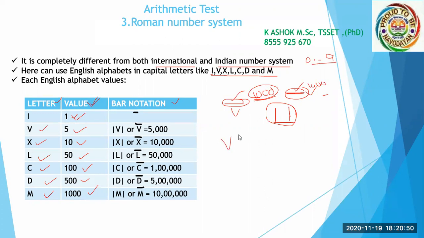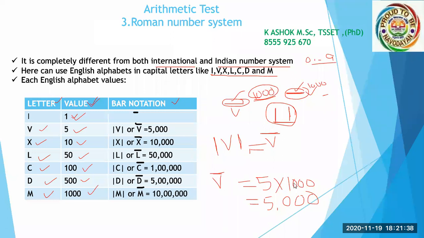You can write V with two lines, or a line at the top, or a line on each side. Whichever you write, it is the same meaning and the same value. Now, bar is 1000, so V with a bar: V is 5, and putting a bar means multiplying by 1000, so 5 into 1000, that is 5000. The total value is 5000. This is very important.